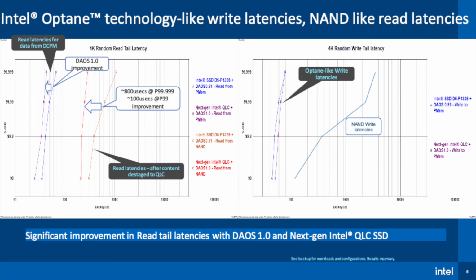This was our previous generation QLC NAND SSD, and it had certain characteristics. And then this is the latest generation. On top of that, you are also talking of the DAOS stack latency. So ideally, if you want a perfect use case, you're going to have a vertical line.